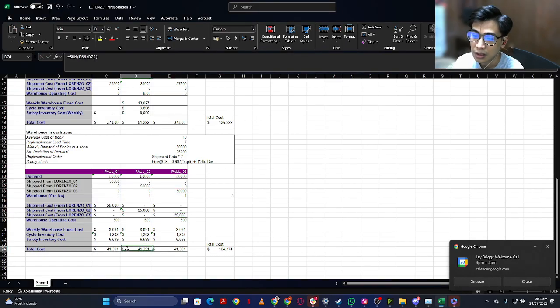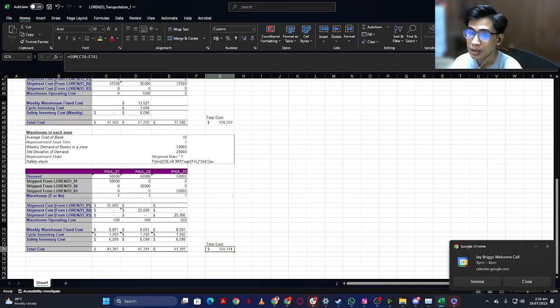For Paul 2, we have 41,391 again. And this one, the same, 41,391, which gives us the total cost of $124,174. So scenario 3 has the lowest total cost among the three.